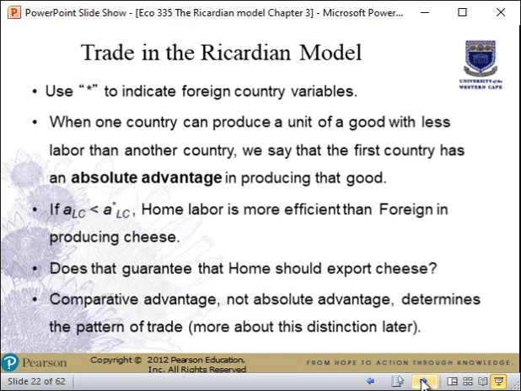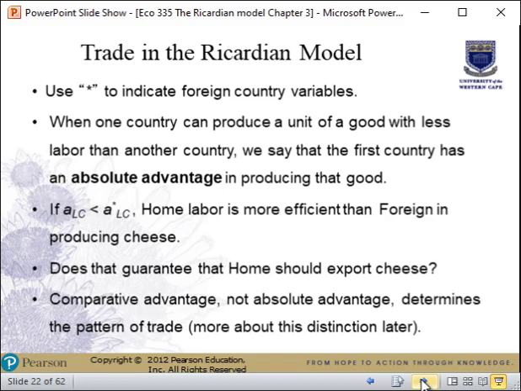For example, if the unit labor requirement for cheese is less in the home country as compared to the foreign country, whilst the unit labor requirement in the production of wine is smaller in the foreign country than the home country, then we can conclude that the home nation has an absolute advantage in the production of cheese, whilst the foreign nation has an absolute advantage in the production of wine.